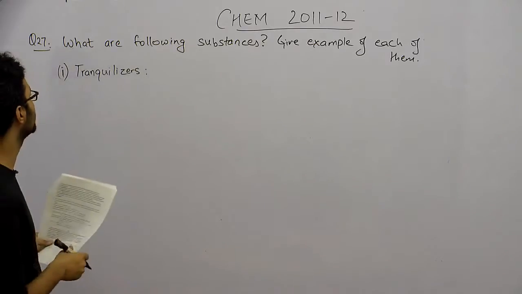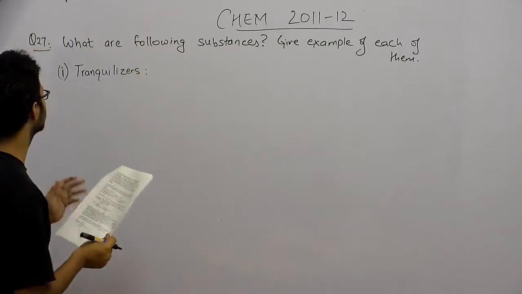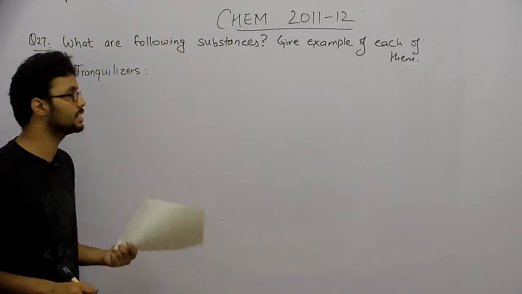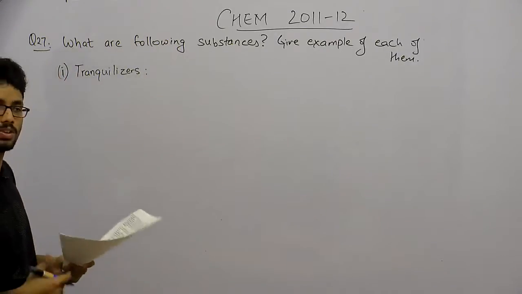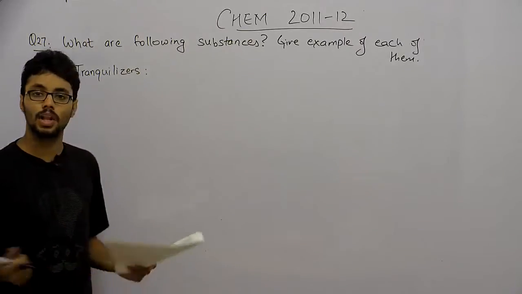So the next question starts. What are the following substances, and give an example of each of them. So the first part is tranquilizers.